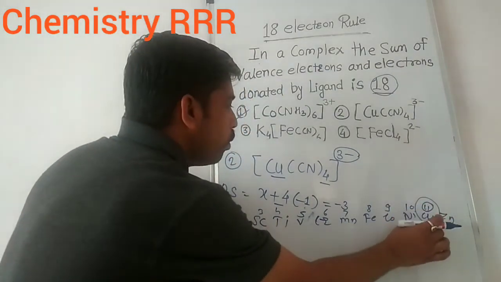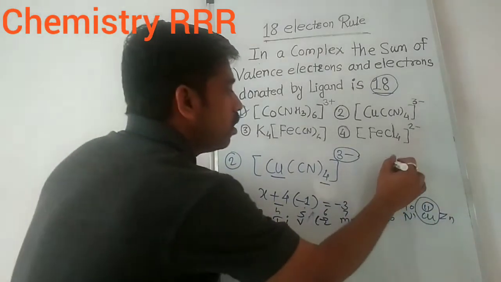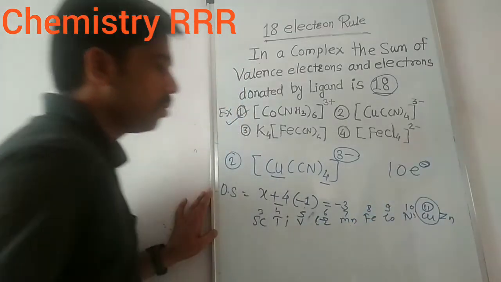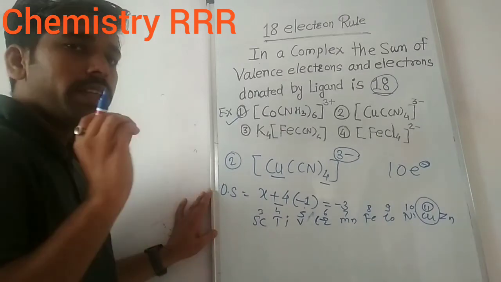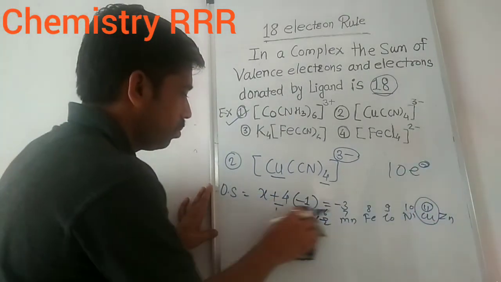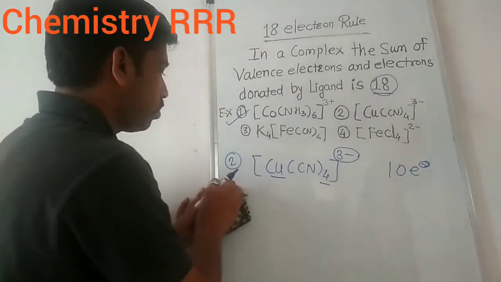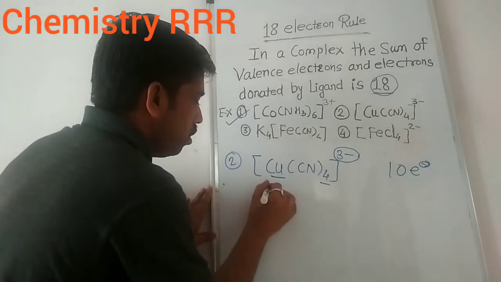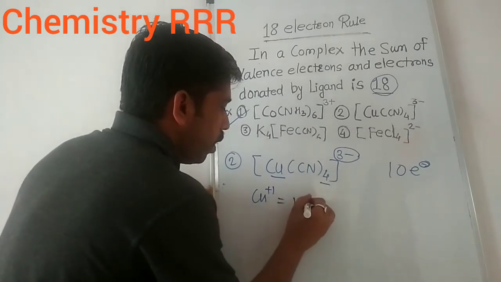Now, when copper is present in the plus 1 oxidation state, it has 10 valence electrons. So in this complex, copper is in the plus 1 oxidation state and has 10 valence electrons.